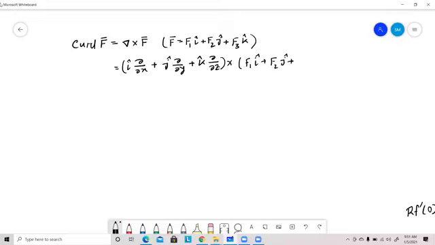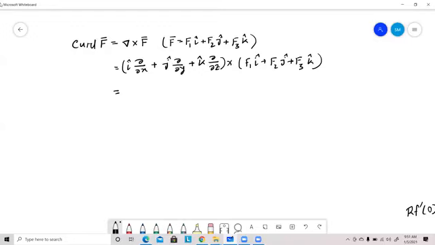We solved various problems regarding the cross product, and we evaluated those problems through the determinant.